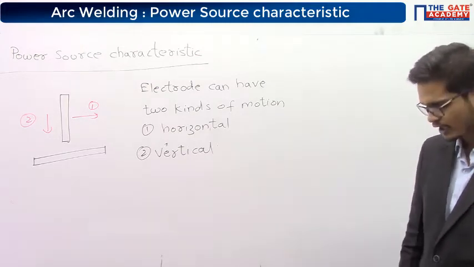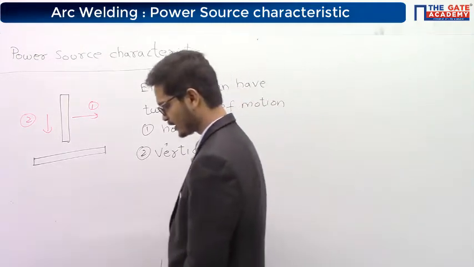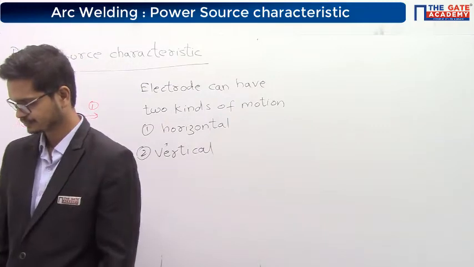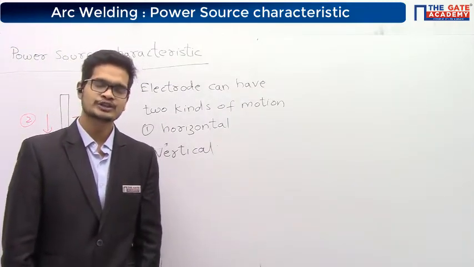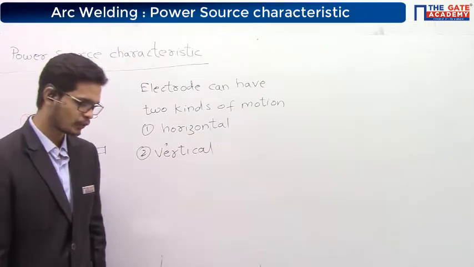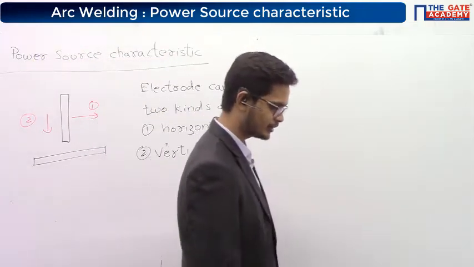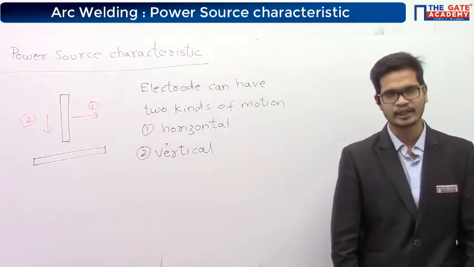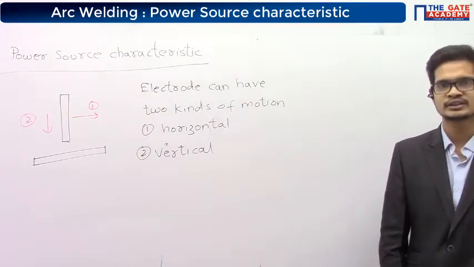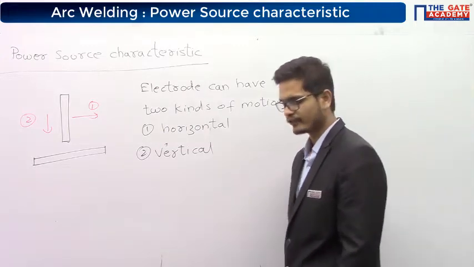If both the motions are controlled by a machine, it is called automatic arc welding.